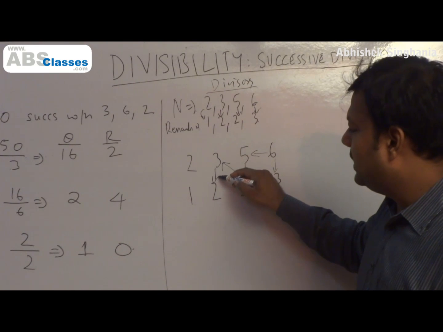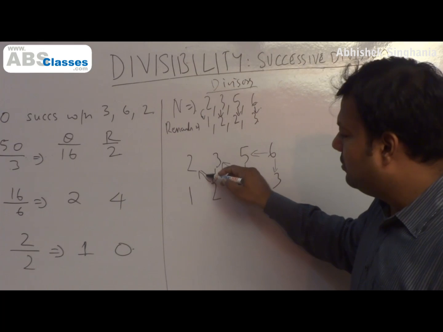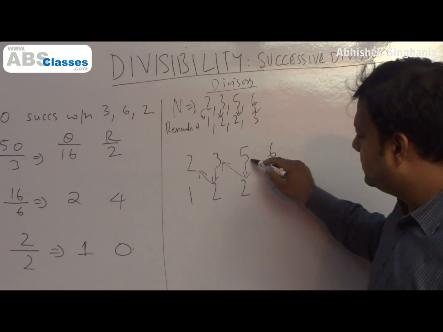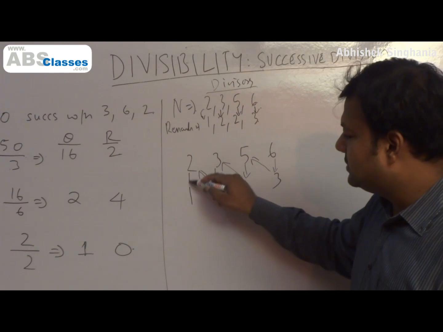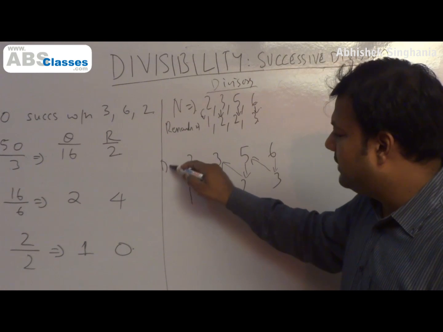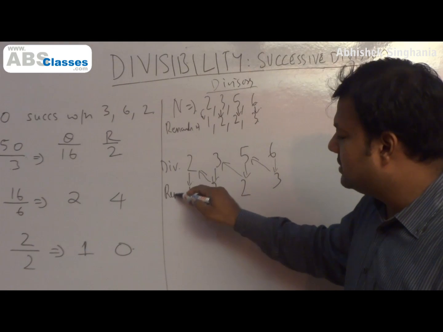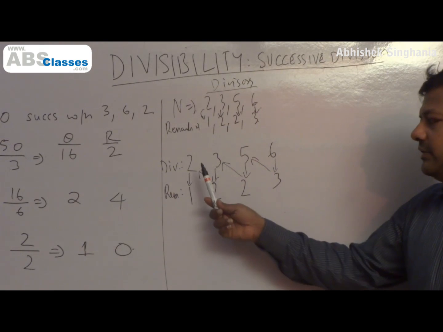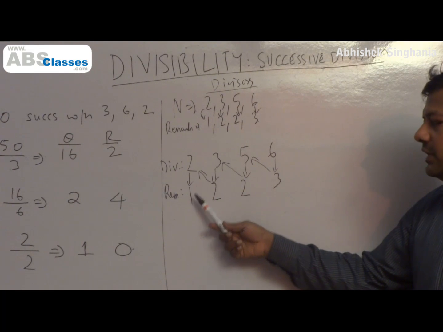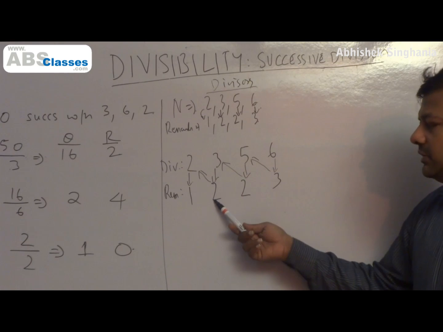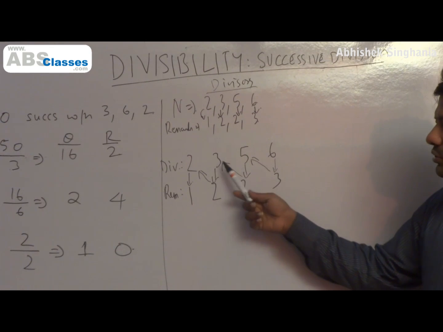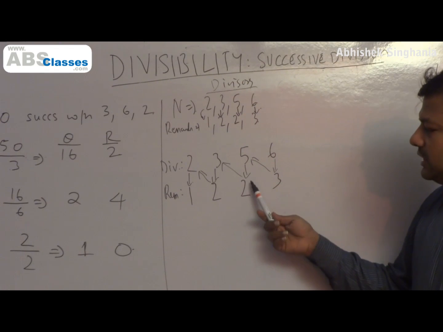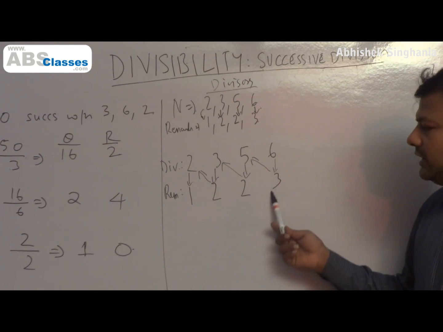These are my divisors, these are my remainders. I repeat what the whole operation was like. I divided by 2, got a quotient and remainder 1. The quotient was divided by 3, I got a remainder 2. Then the quotient was divided by 5, got a remainder of 2. The quotient of this operation was divided by 6 and I got a remainder of 3.